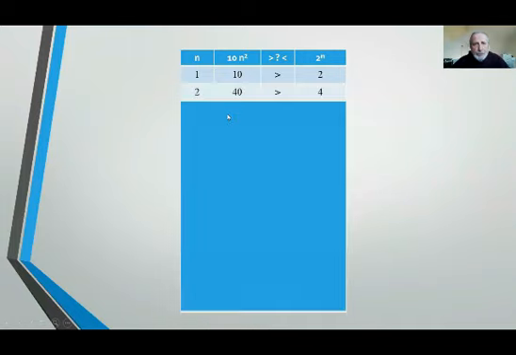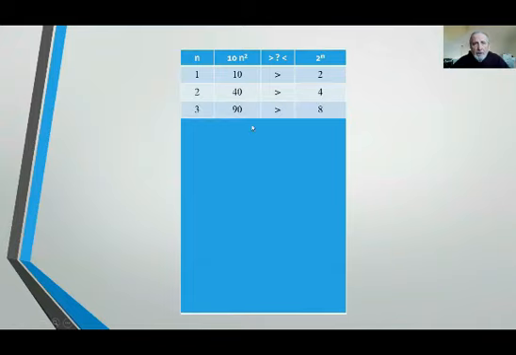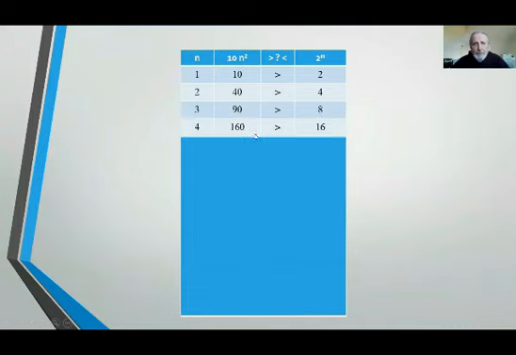When n is 2, 10n squared is 40, which is 10 times 4. For 3, you get 90 and 8 here, for 4, 160 and 16, 10 times more. So 10 times 4 squared is greater than 2 to the power 4.